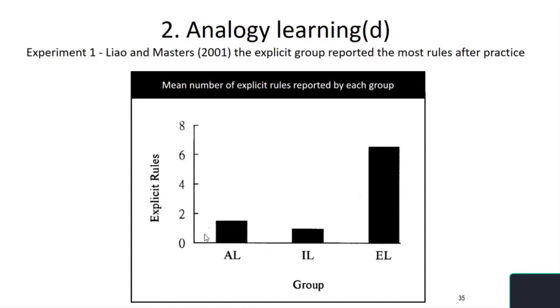So the analogy learning group on average had just under 2 explicit rules that they could come up with related to how they did the topspin drive. The implicit learning group had slightly fewer, and the explicit learning group identified significantly more rules.